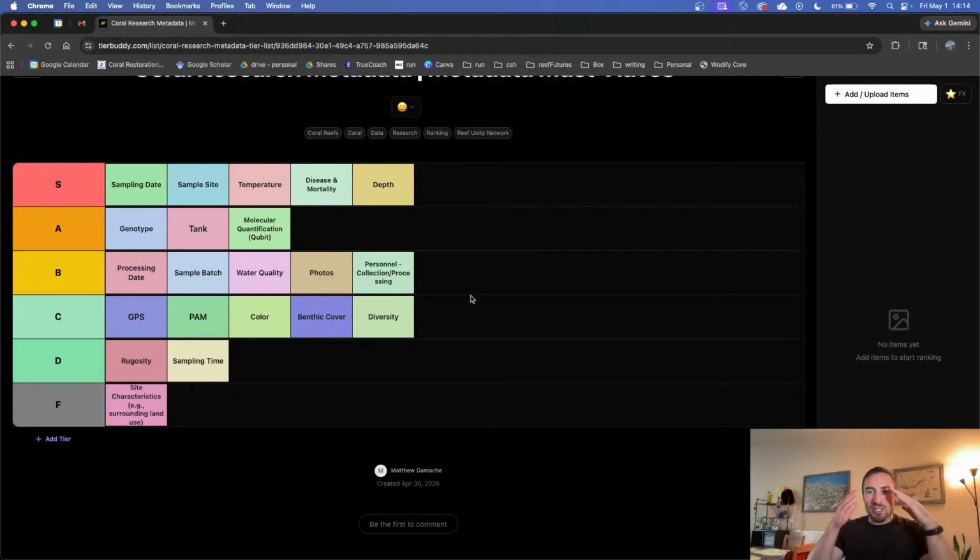Sampling date is almost beyond. It almost shouldn't even be a part of this because it's just so intrinsically linked with data collection. I can't imagine a scenario where you wouldn't do that. No, that's true. Date should stay S.